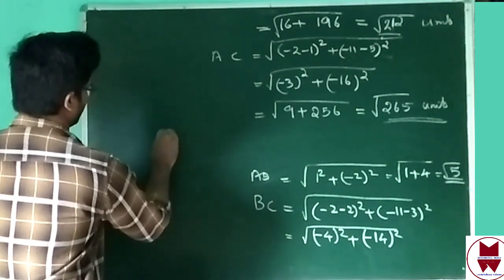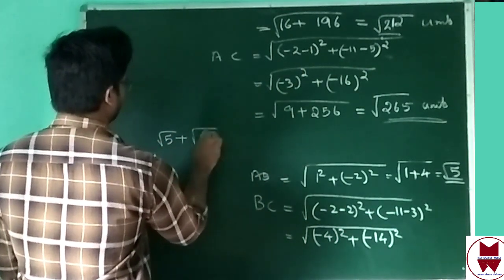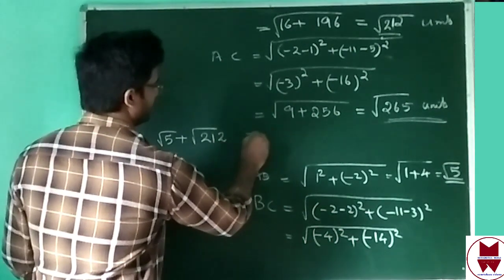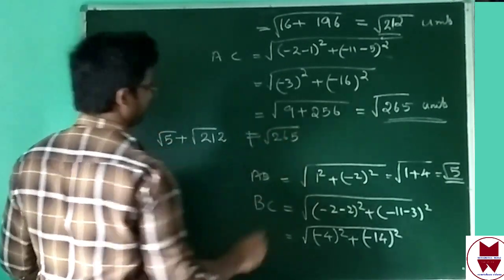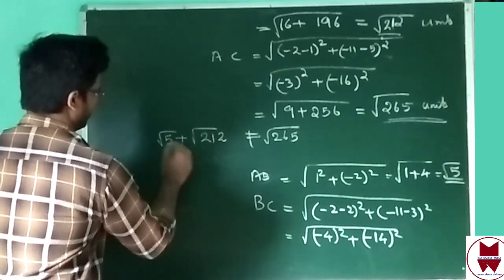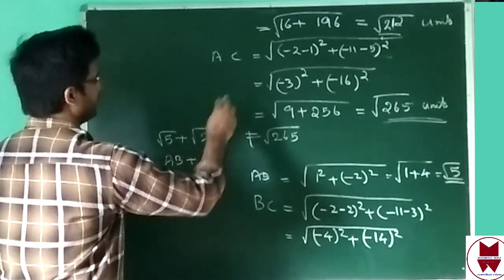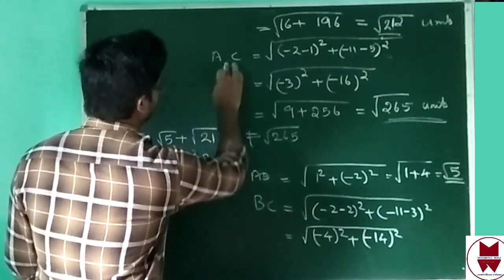AB value is root 5 plus BC is root 212. Is not equal to root 265. It is not equal. Then we can write, this is AB, then square root of 212 is BC. Not equal to this.